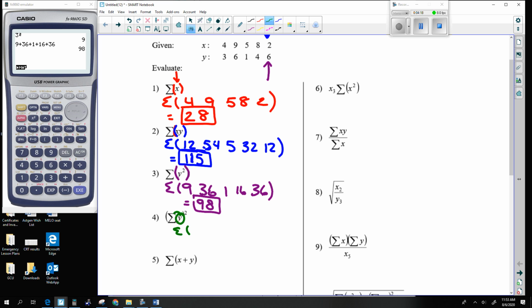So the summation of y is 20. Okay, so that's the summation of y. But that's not the entire problem. So we're taking the summation of y squared.